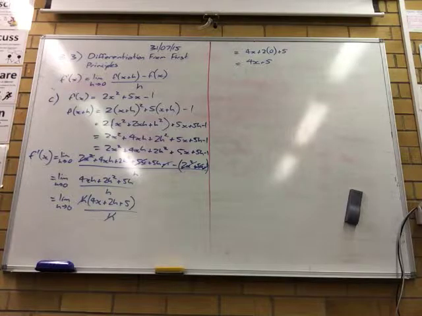Alright, so this gives you the equation of the gradient of the tangent at any point x on the parabola 2x squared plus 5x take away 1.